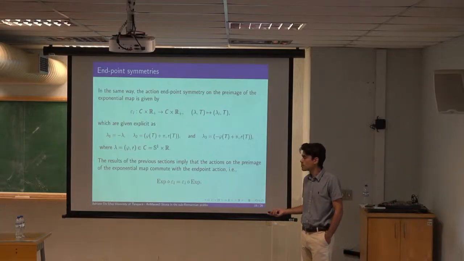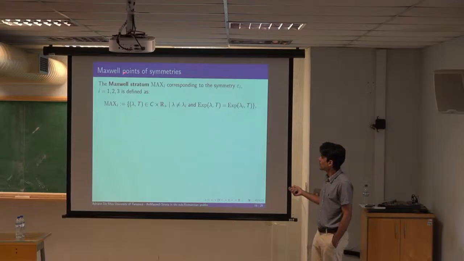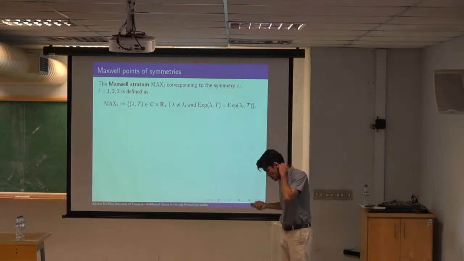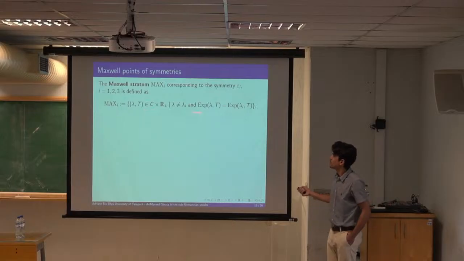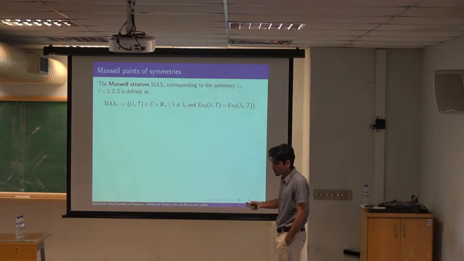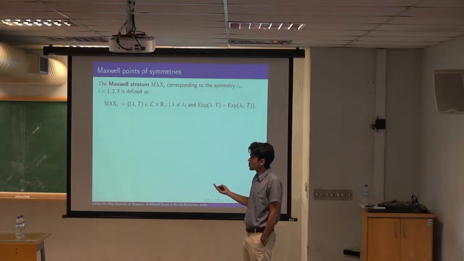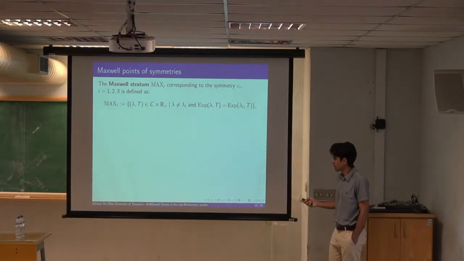So the idea is quite simple. And with that we can actually calculate the Maxwell stratum and the Maxwell set, which are basically the Maxwell points associated with these symmetries. Okay, how do we do that?